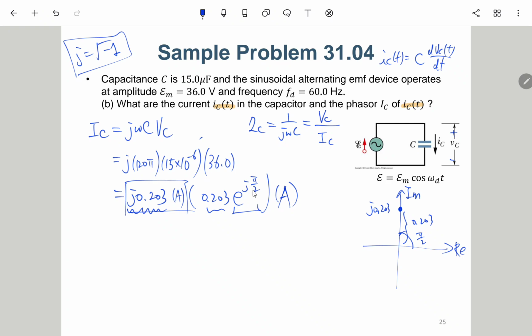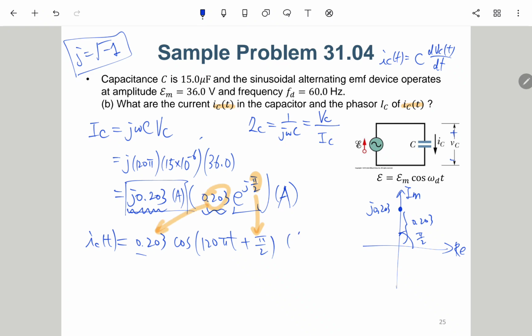So in this case, IC of t equals 0.203 cosine of 120 pi t plus pi over 2 A. This is the magnitude, goes to here, and this angle goes to here.